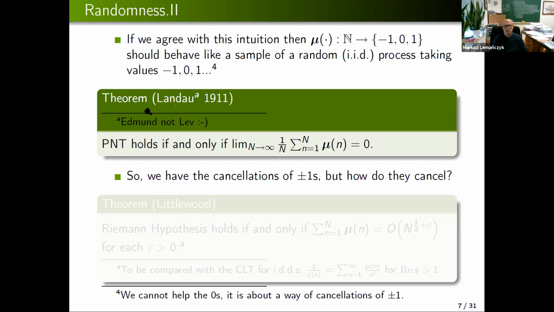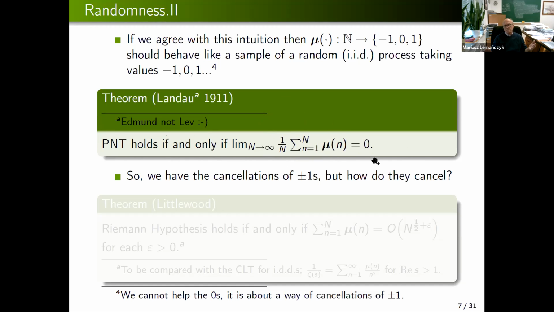What Landau proved is that the fact that the mean of the Mobius function is equal to 0 is equivalent to the prime number theorem. So the simple fact that we have cancellations of +1s and -1s is already equivalent to a deep fact, right? And of course, if you look at the definitions, you cannot see immediately any connection between these two facts. So that's a deep theorem.